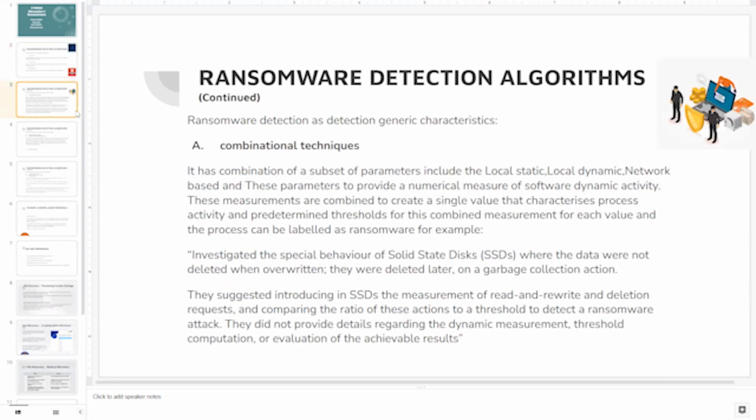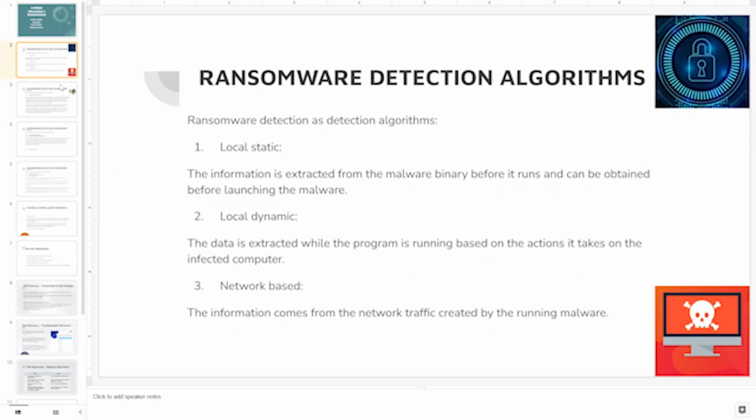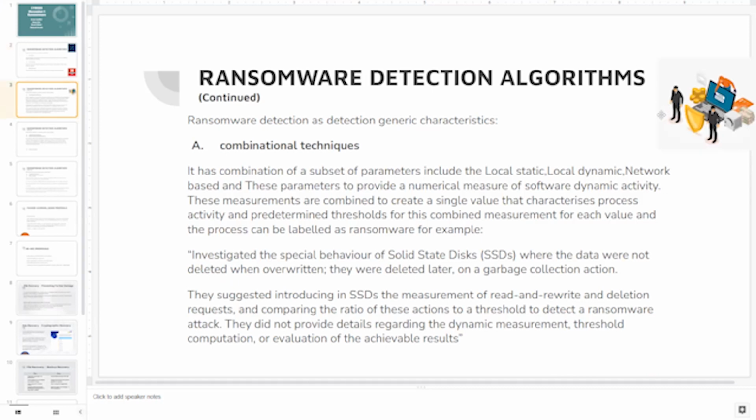For the network based, the infection comes from the network traffic created by running malware. The other one is the detection of general characteristics, which is the combination technique. It combines a subset of parameters, including local static, local dynamic, and network based, to provide a numerical measure of the software's dynamic activities.